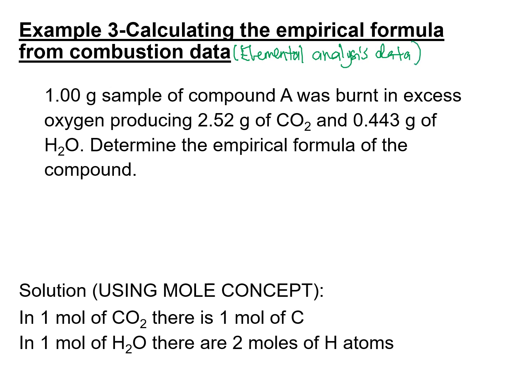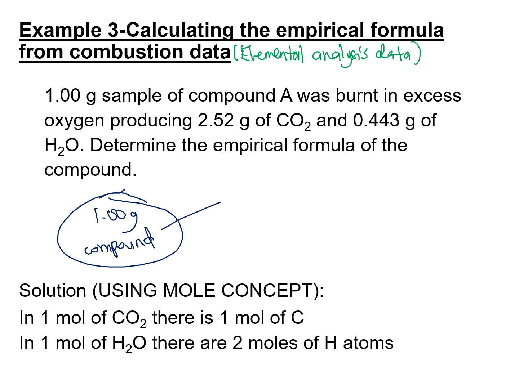Okay? For example, in this question, it says you have 1 gram of compound A, and you burn it. When you burn a compound, you usually get CO2 and H2O. In this question, after burning 1 gram of the compound, you will get 2.52 grams of CO2 and 0.443 grams of H2O. The question asks how to find the empirical formula of the compound.